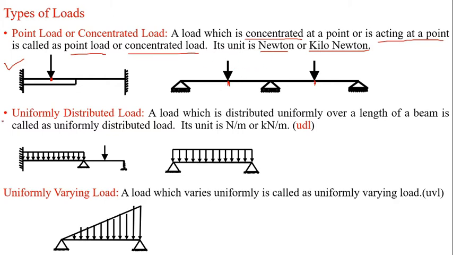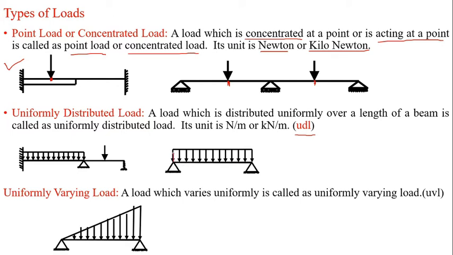The second type of loading is uniformly distributed load, also called UDL. Why UDL? Uniformly distributed. So, for example, in this figure, the load is acting on the beam. First define the UDL: a load which is distributed uniformly over a length of beam. Here the load is distributed over the entire length of the beam.